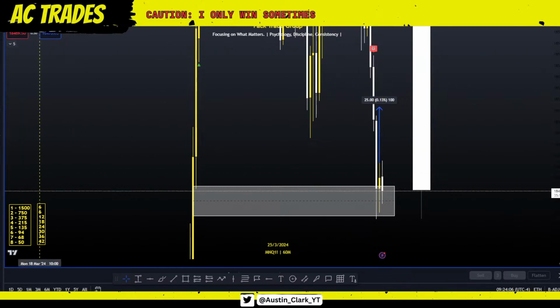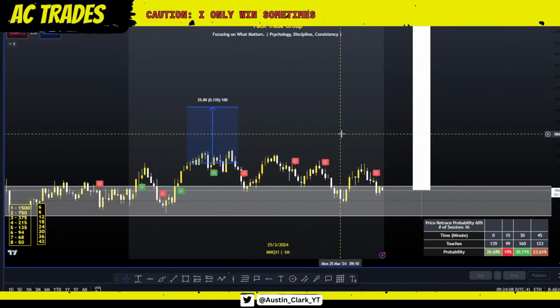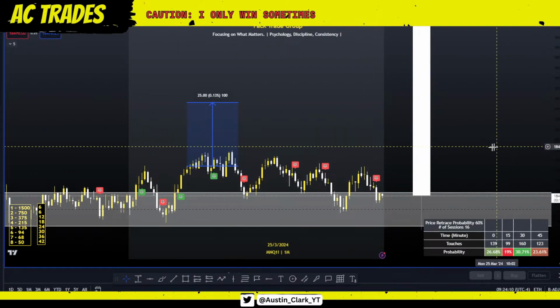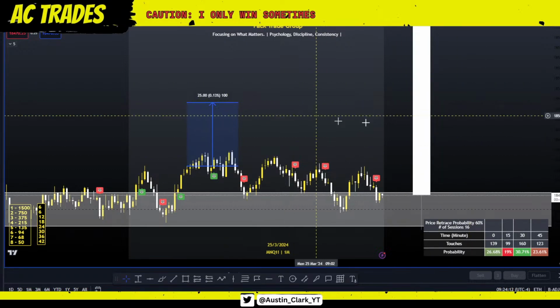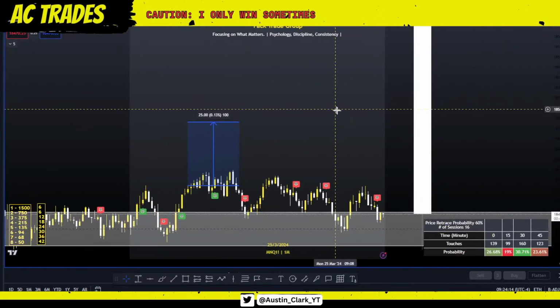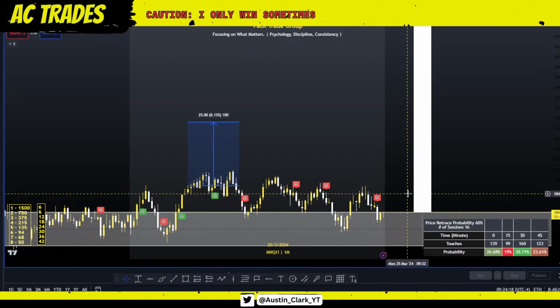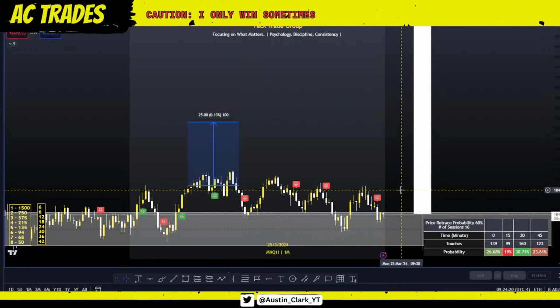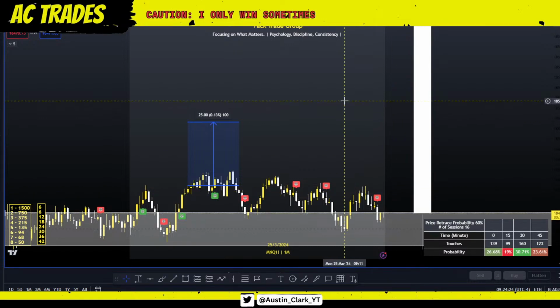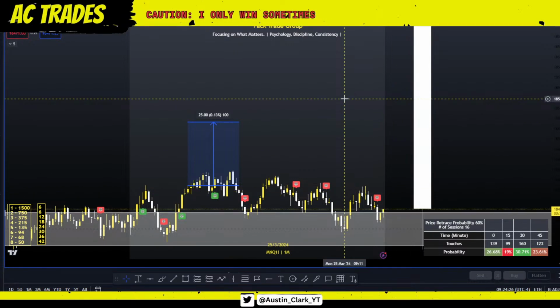If we're all using objective price action and market structure, it all kind of speaks the same language. Our entries are going to be a bit different, but we're all looking at the same thing. That's why I love trading so much, we can all do different things but say the same thing.